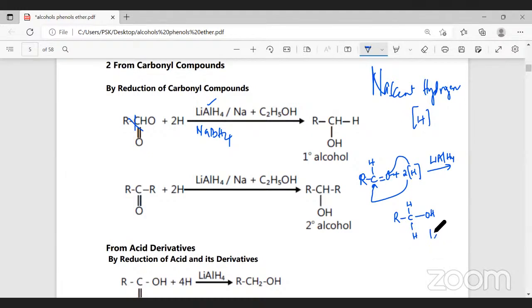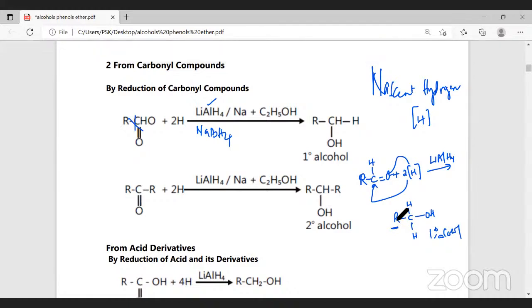This is nothing but primary alcohol. R can be anything, an alkyl group or an aryl group. It can be a benzene ring or methyl, ethyl groups. So aldehydes on reduction with lithium aluminum hydride form primary alcohols. So this is a wrong representation, the double bond.